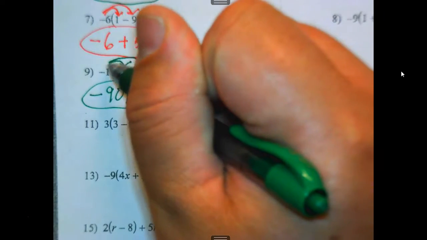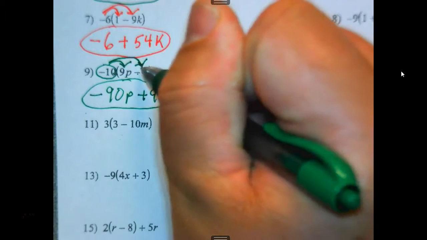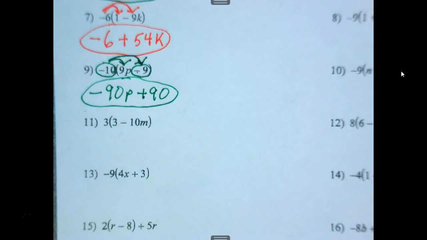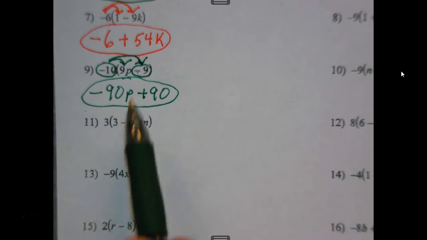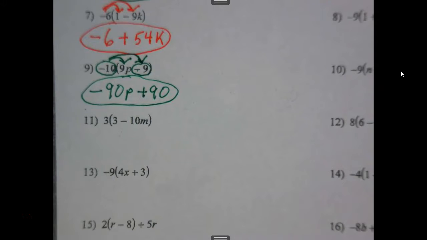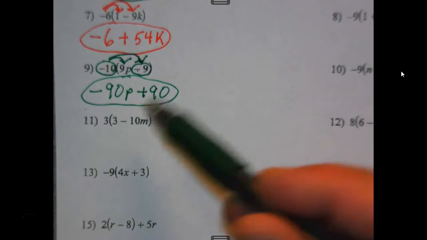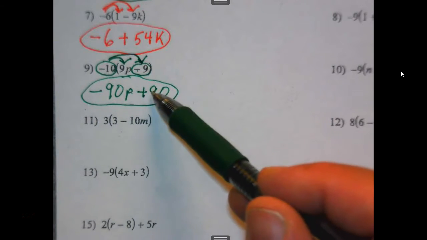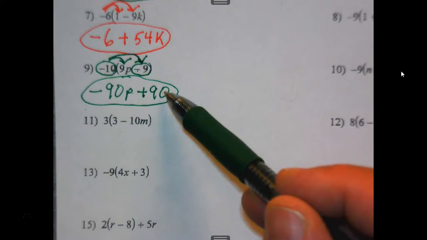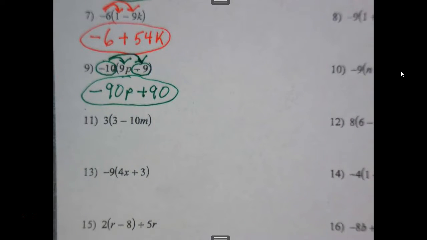I'm thinking of this as a negative 10 and a negative 9. Then I think to myself, negative 10 times negative 9 has to be a positive. That's where I get plus 90. I know a lot of teachers will put the minus sign there and then take negative 10 times a positive 9, and then they'll have a minus 90. I just think this is easier and less confusing. Too many signs and you have to switch on them.